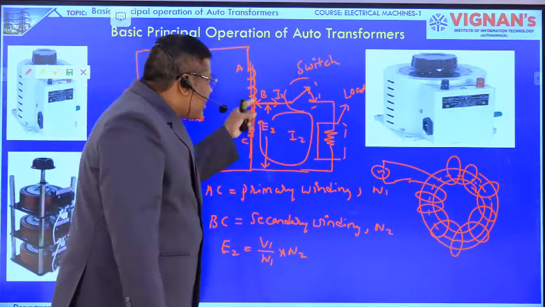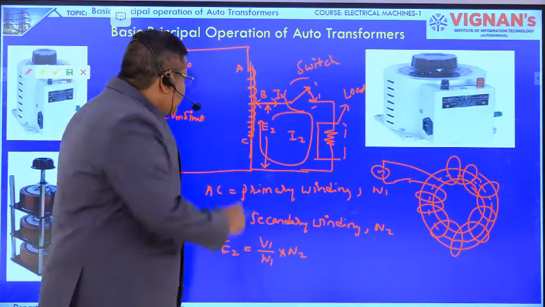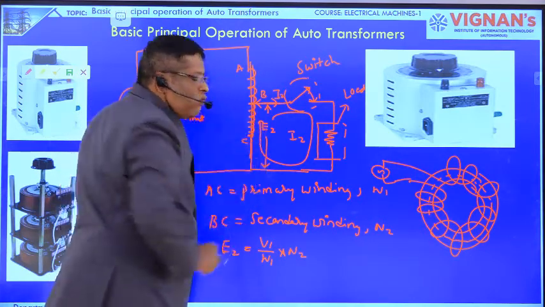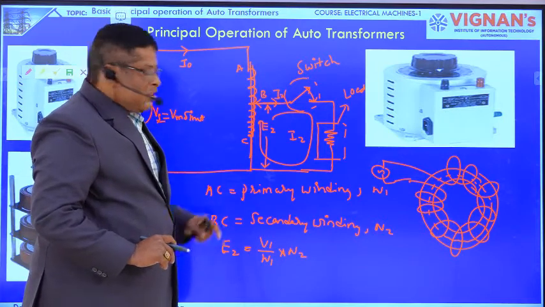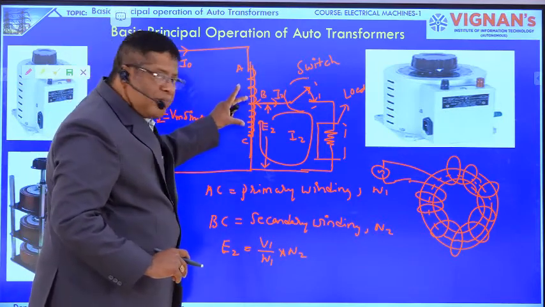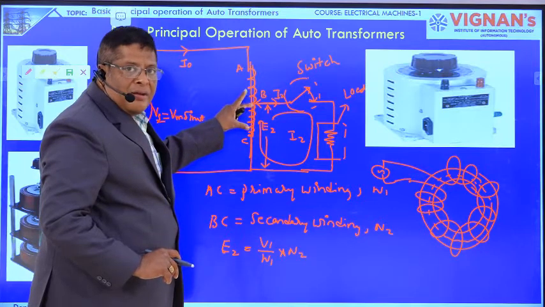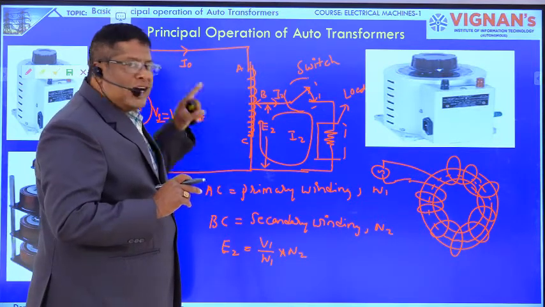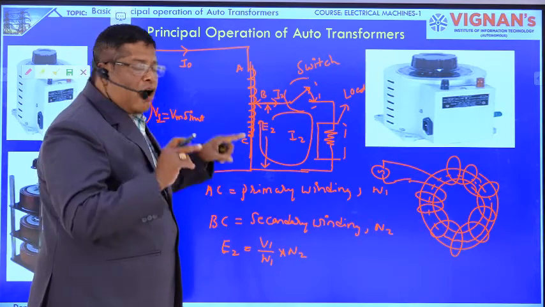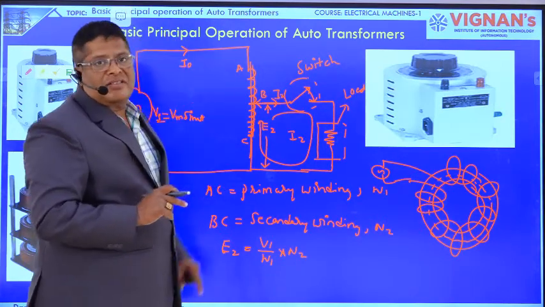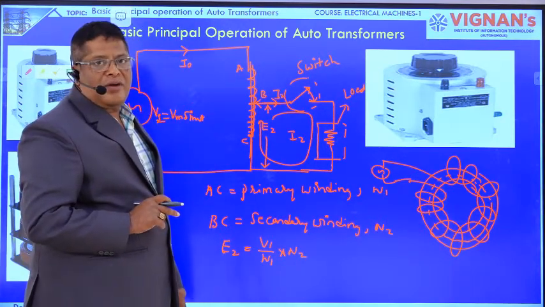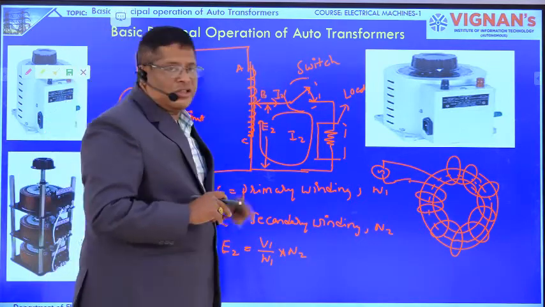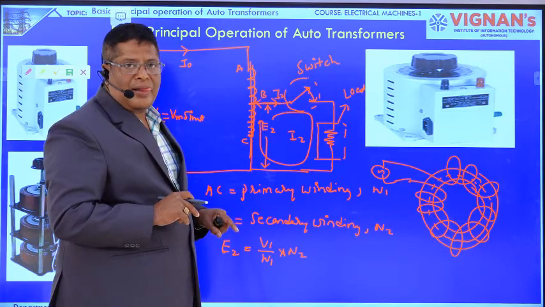When the secondary current flows in this manner, some current will be flowing from C to B. So an MMF will be created across BC. Because of that MMF, the flux created will flow opposite to the primary flux. That happens when we close the switch.